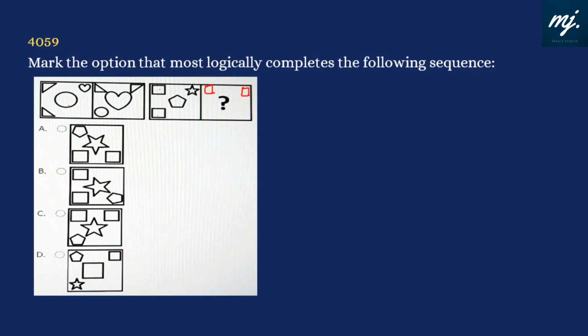The corner one will come here, and the star will come here and will get inflated, and this pentagon will go to the left of the bottom. Pentagon. Now 2 blocks upside, star in the middle, and pentagon to the lower left. Option C is the pick.